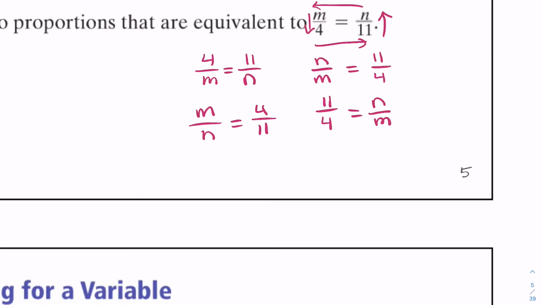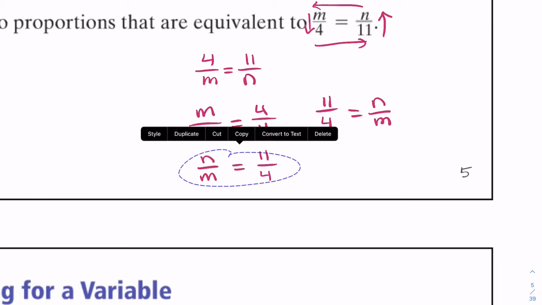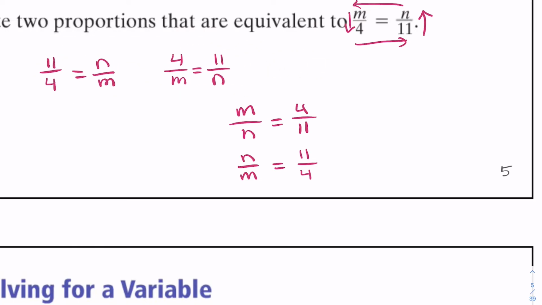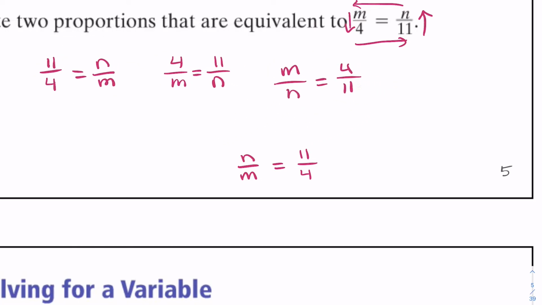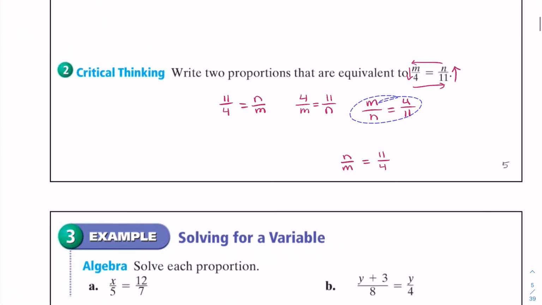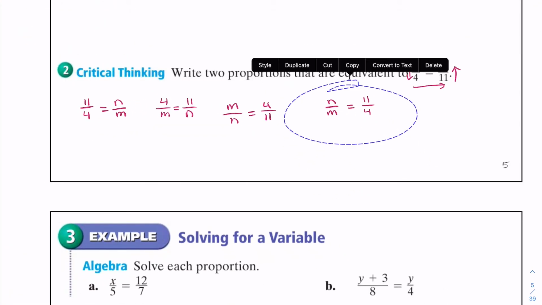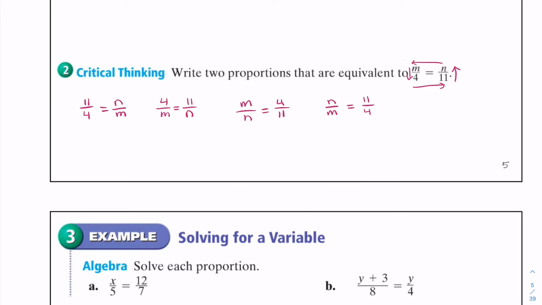And that's true because isn't that just the flip of this one right here, right? So we have a whole bunch of them. It only asked for what? It asked for 2 of them. We wrote 4 of them. We doubled the amount of answer choices here. Okay?